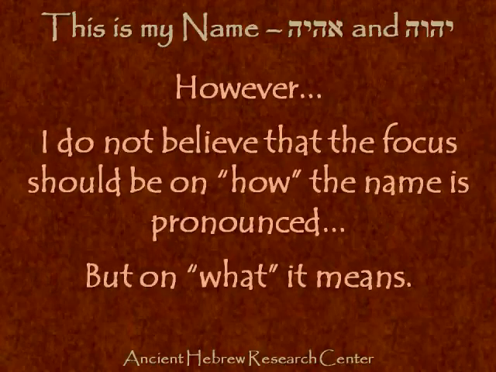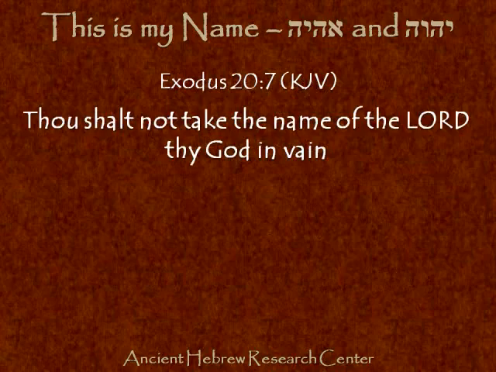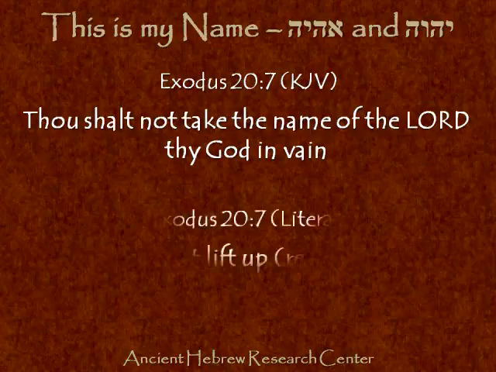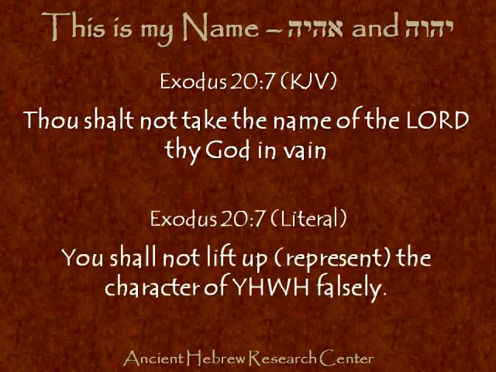Let's take a look at Exodus 20 verse 7 from the King James Version. "Thou shalt not take the name of the Lord thy God in vain." We've had many people interpret this verse many different ways, but in my opinion, looking at this Hebraically, literally what this verse is saying is, you shall not lift up the character of Yahweh falsely.